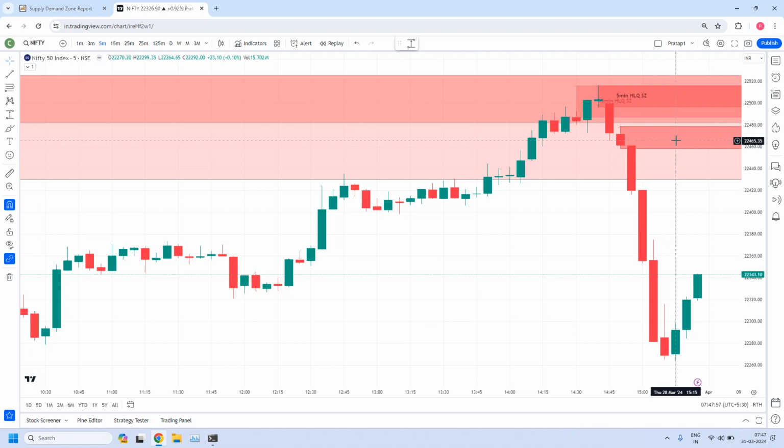And a fine-tuned zone will have a 60% success rate. If the fine-tuned zone is inside a daily or 75-minute high liquidity zone, that has an 80% success rate. So please remember these points. So I am deleting this because this is not a fine-tuned zone.